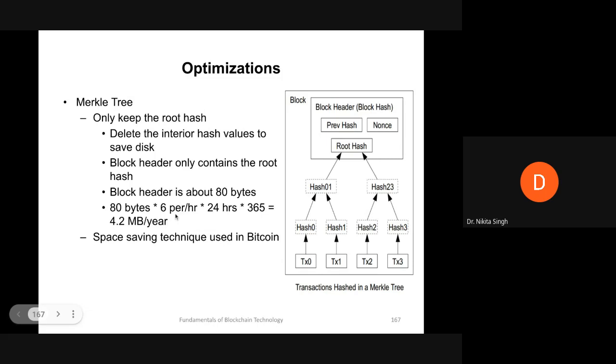We create 6 blocks per hour, we have 24 hours in a day and we have 365 days. So you're only consuming 4.2 MB each year when you're using Merkle tree. And this is a space saving technique which is used in Bitcoin.